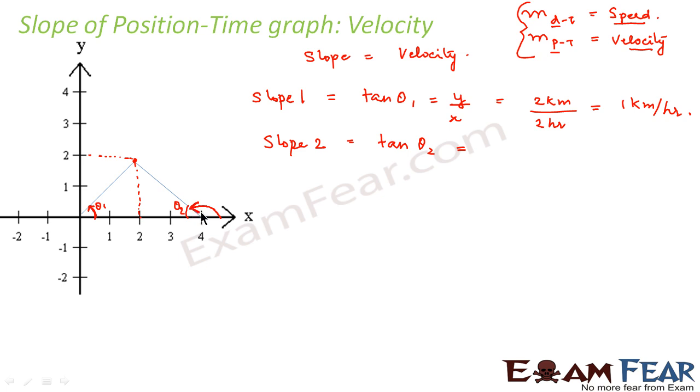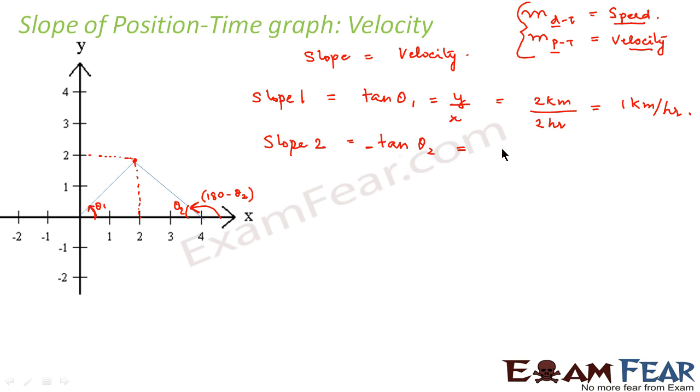Now what will be this angle? This angle would be 180 minus theta 2. Correct? So that means the slope of this line would be tan of 180 minus theta 2. So that will come out to be minus tan theta 2. These are all simple trigonometric relations.